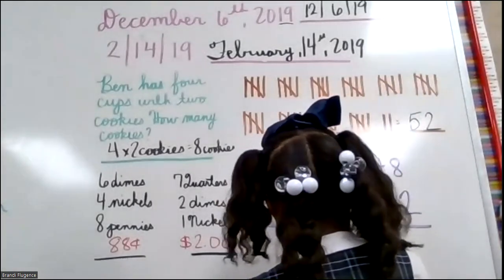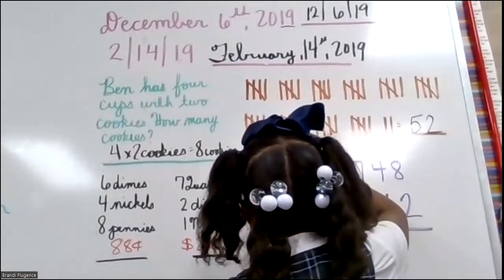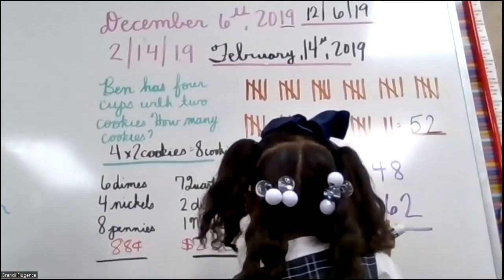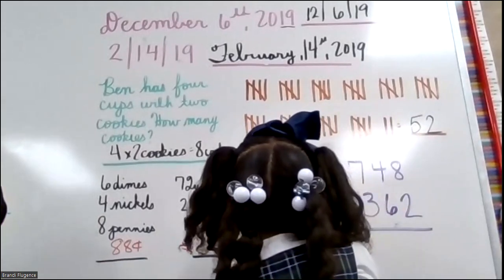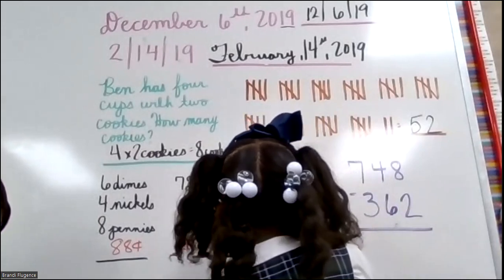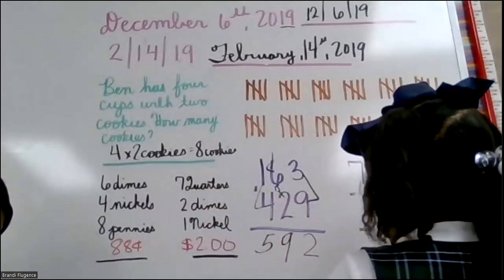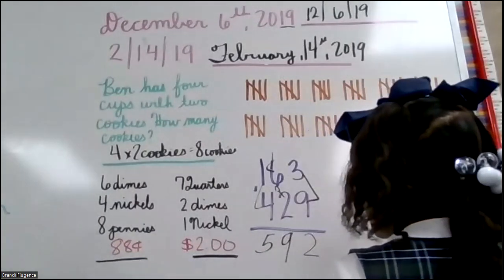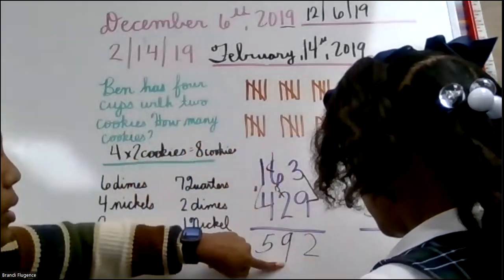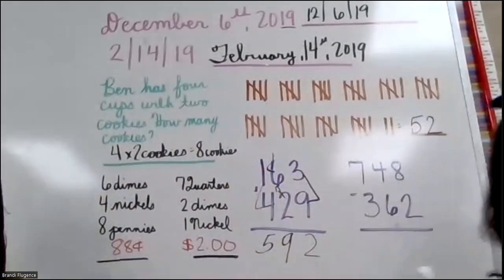Okay, 3 plus 9 is 12. Put a 2, carry my 1. 1 plus 6 is 7, 7 plus 2 is 9, 1 plus 4 is 5. 592. All right, 748 minus 362.